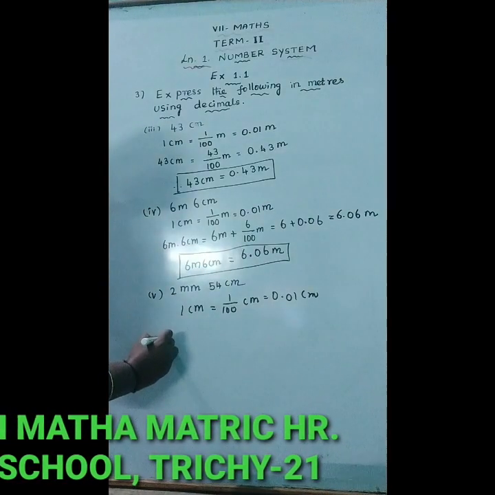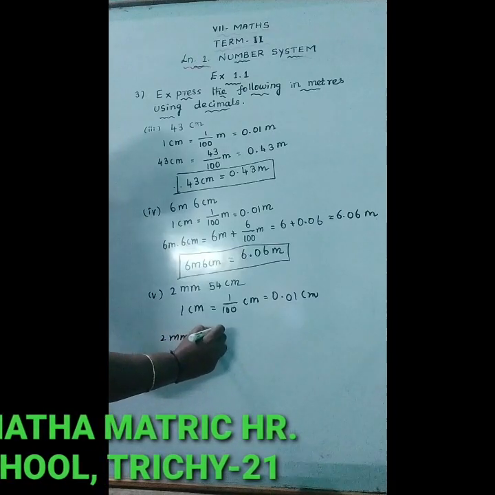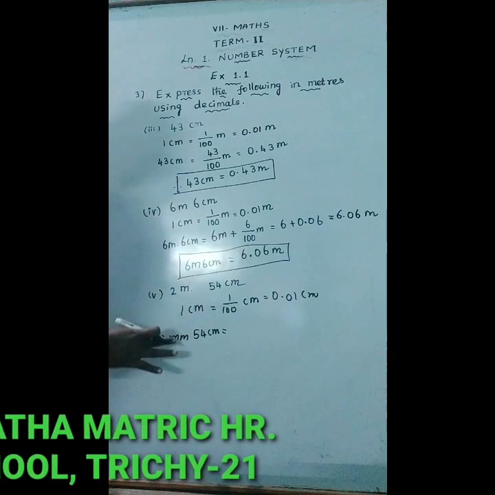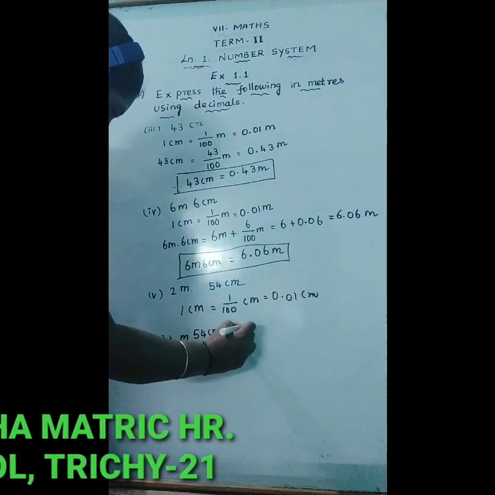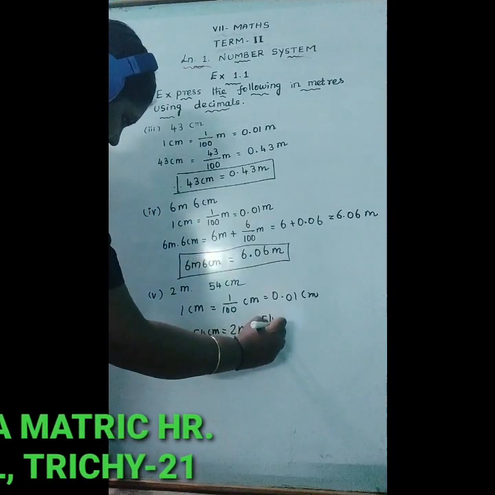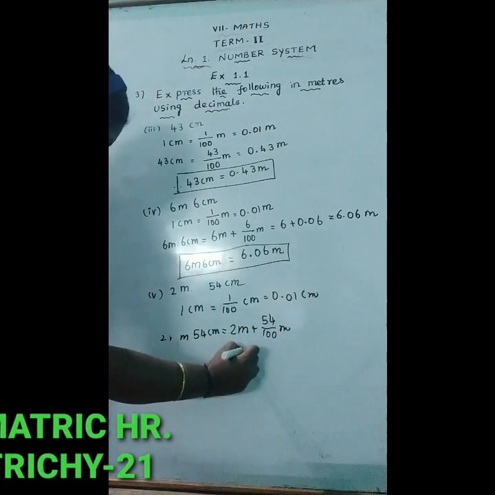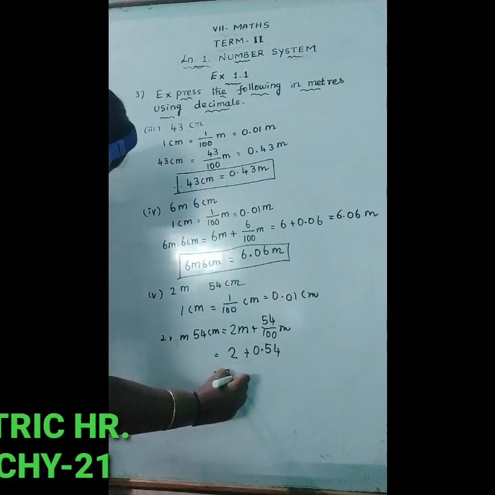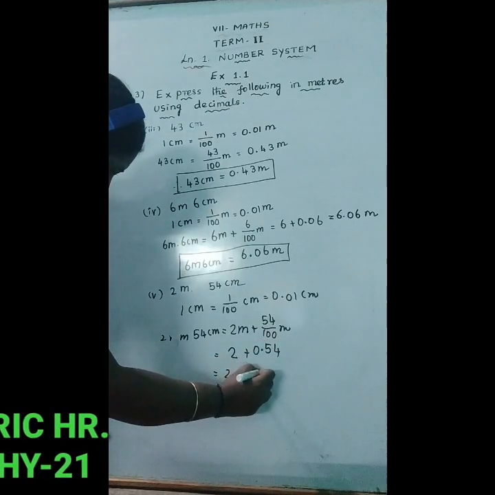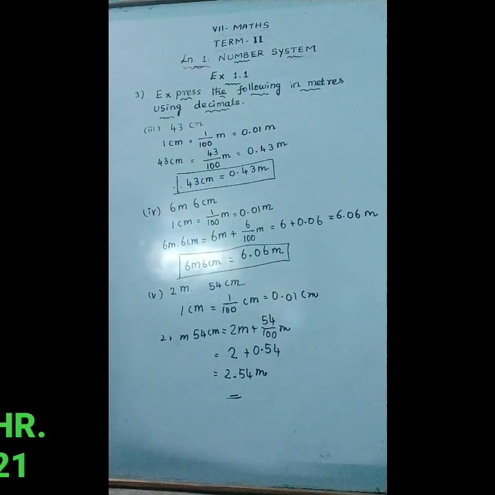So 2 meter and 54 centimeter is equal to 2 meter plus 54 divided by 100 meter. So 2 plus 0.54, we have 2.54 meter. So 2 meter 54 centimeter is equal to 2.54 meter.